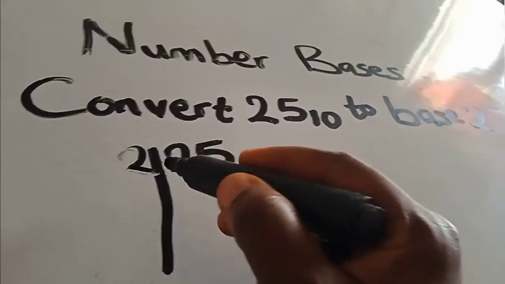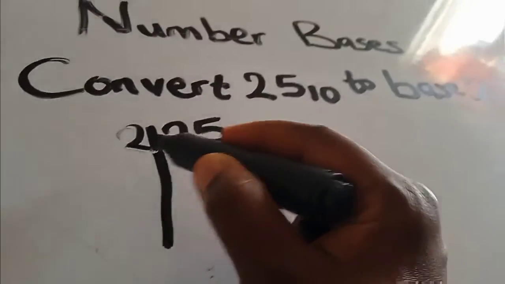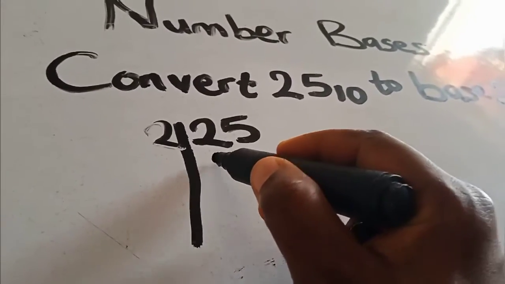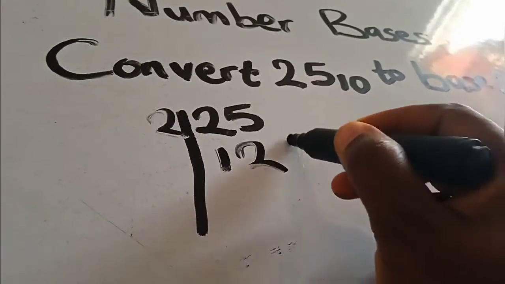Look at what I'm doing. 25 divided by 2 gives us 12, remainder 1.